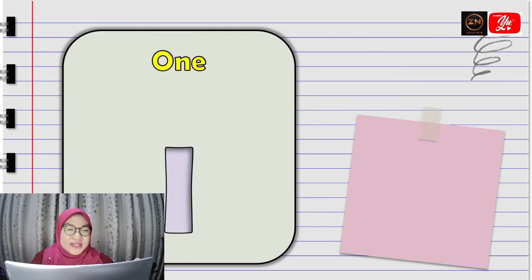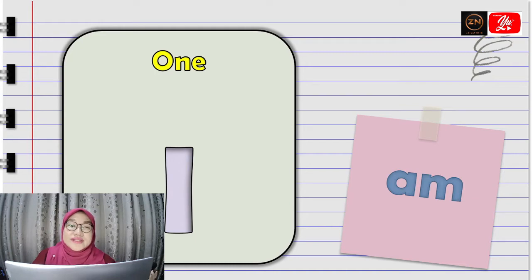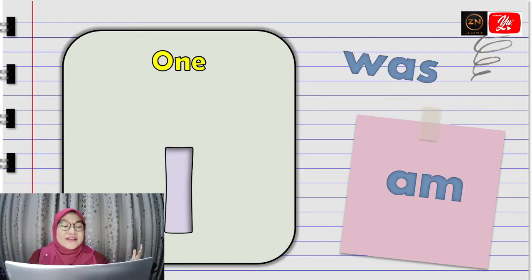So the first one, if the subject is I, which represents only one person, you use the verb to be am. Now, am is only for I, special case. They are only friends with each other. They don't become friends with the other subjects. Okay, and the past tense form for the verb to be am is was.